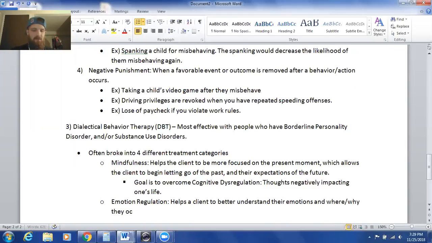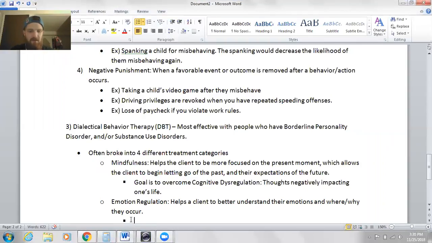A lot of people with borderline and or substance use may not entirely know why they're reacting to certain types of things, or which behaviors increase the likelihood of the behaviors that they're exhibiting and or coping with. So within this unit, it's just to help them get a sense.